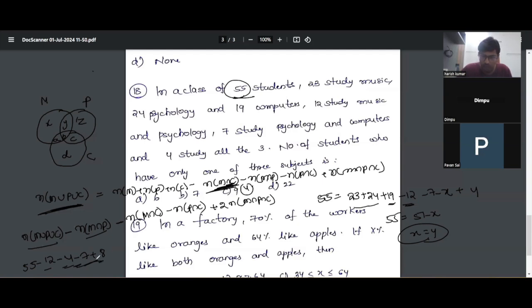Okay, what are the options? Number of students who have only one of three subjects is... Why did we get this answer? Minus 12, minus 4, minus 7.